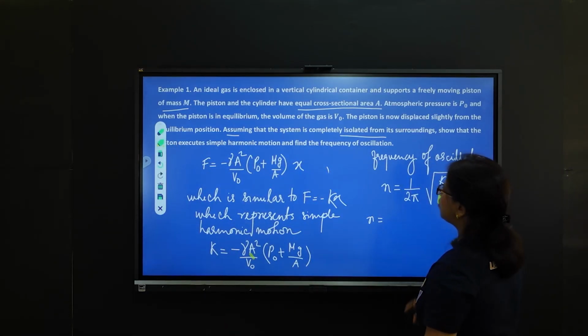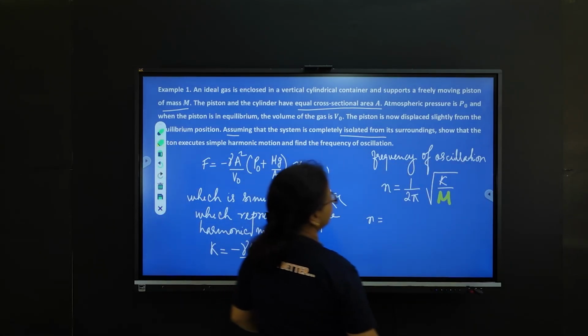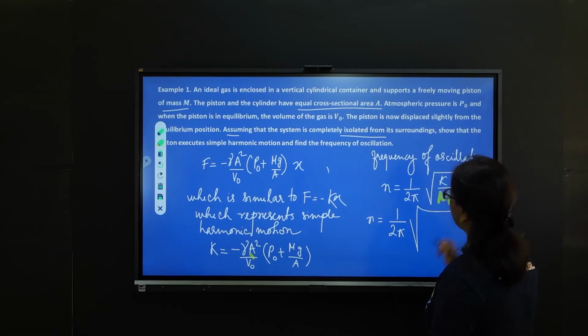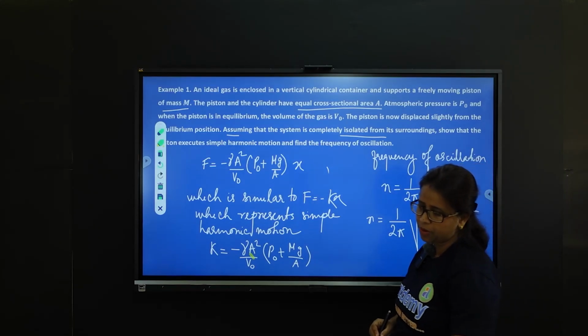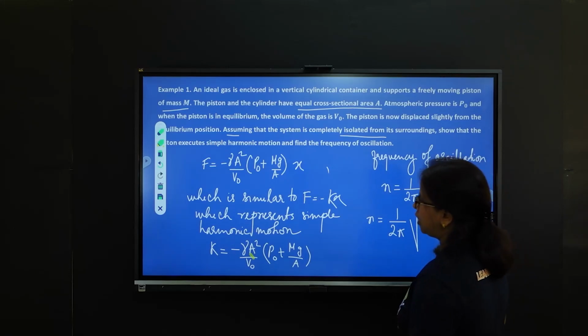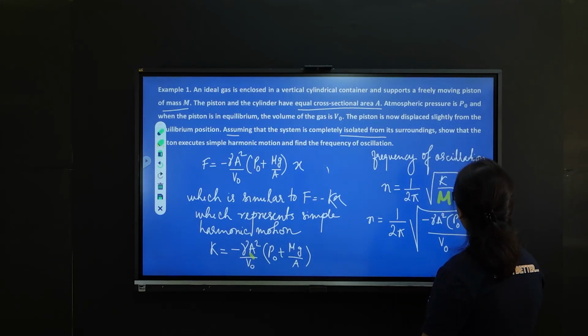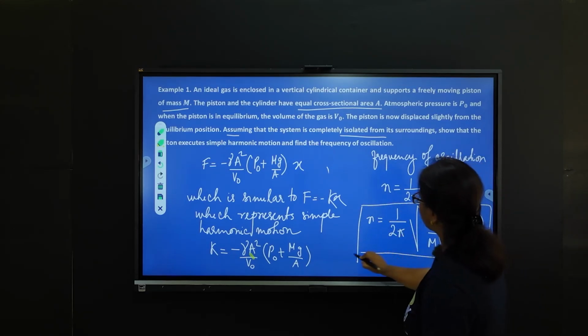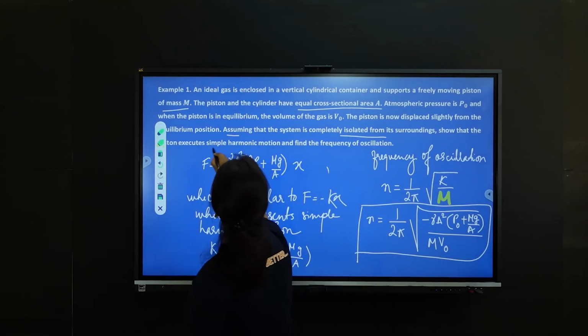Sorry for this. We have 1 by 2 pi, root over K. We have the value of K now: gamma A square times P, that is P naught plus mg by A, by V naught and an M. So this is in fact the frequency of oscillation of the piston.